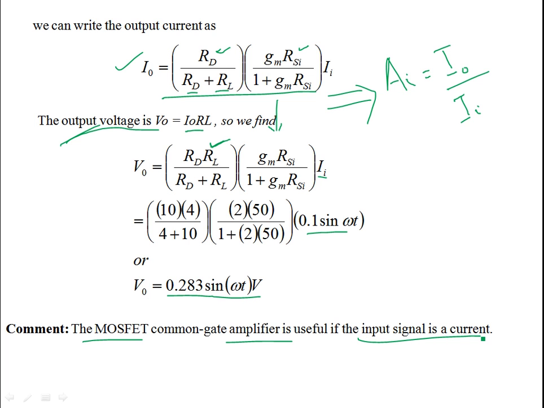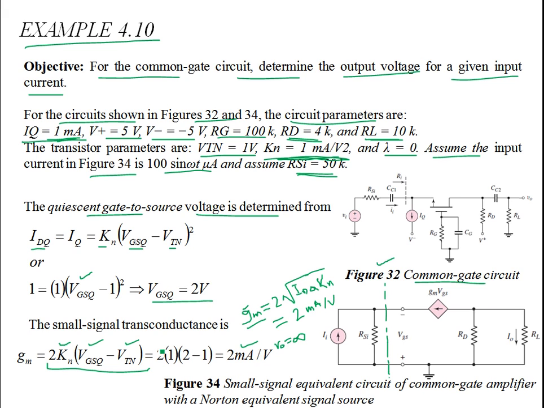Also, if you note over here, what is your input resistance? The input resistance is 1 over gm, which is 1 over 2 milliamps per volt. So that is half times 1000 because of milli, so about 500 ohms.